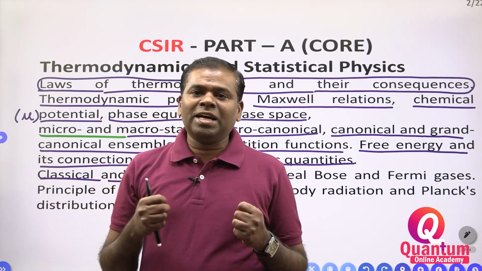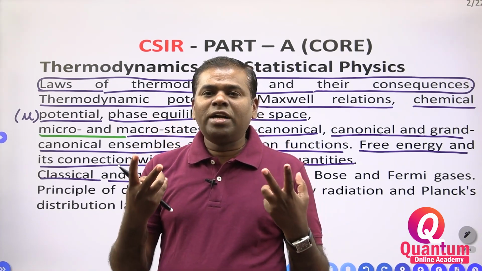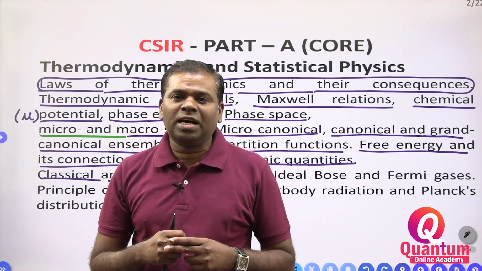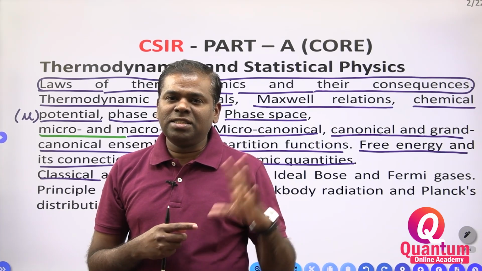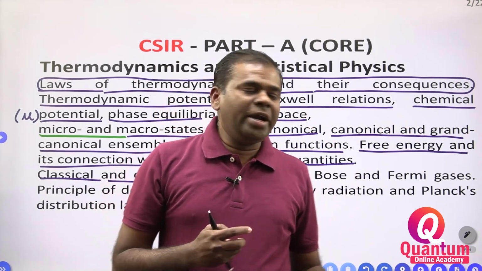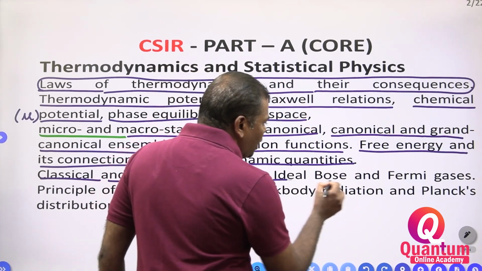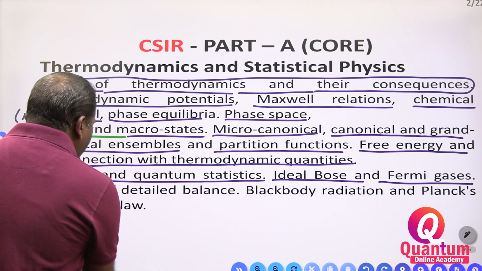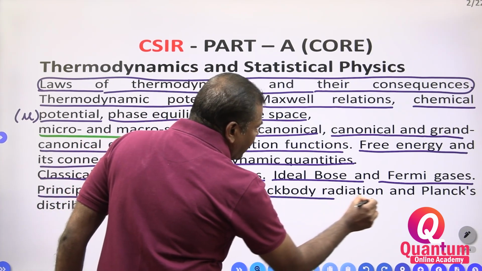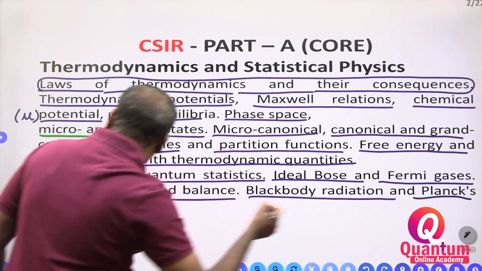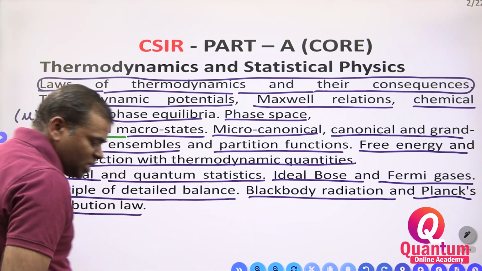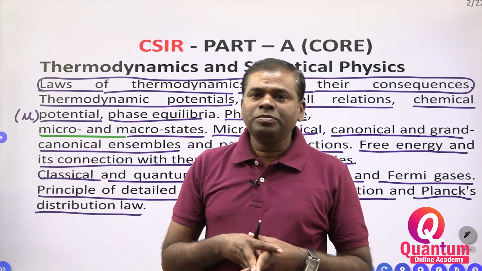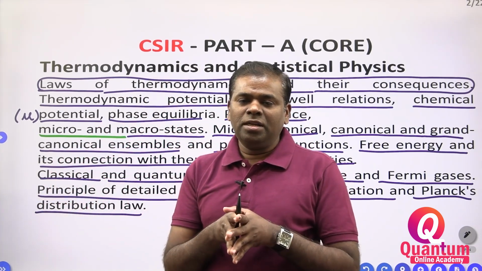Maxwell and Boltzmann explained classical statistics. In quantum statistics, 2 distributions are there: one is Bose-Einstein statistics, another one is Fermi-Dirac statistics. Ideal Bose gas, Fermi gases, principle of detailed balance, blackbody radiation and Planck's distribution law. This is the core syllabus of CSIR part A, right?